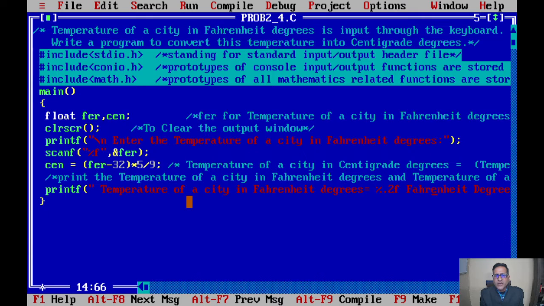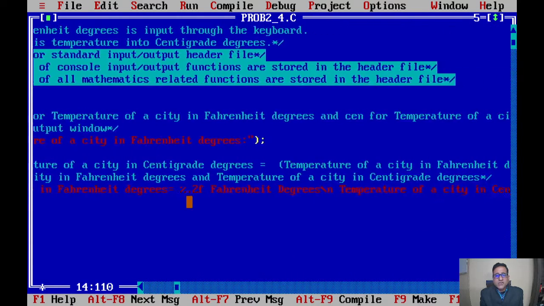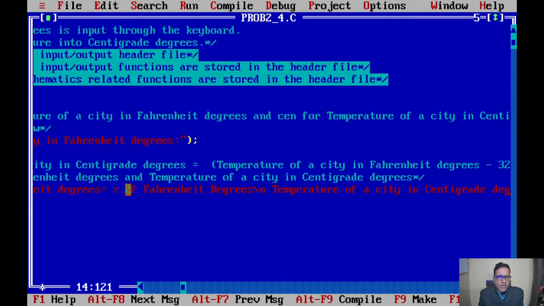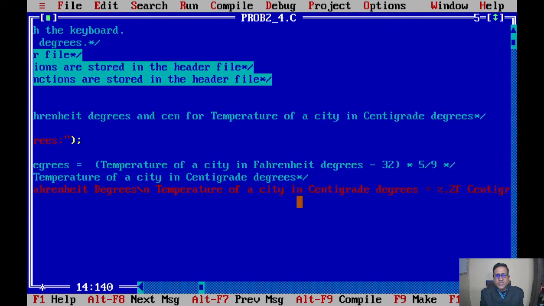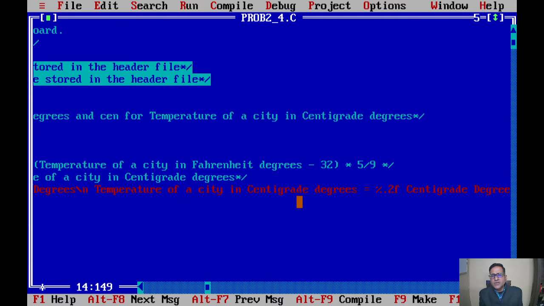Here I also again use the 0.2f for the 2 decimal places, %f, and we have to write in between 0.2 and f. Fahrenheit degree Celsius, and this is the unit I used after this f, Fahrenheit degrees, and next \n to take the cursor at the next line, and temperature of a city in the centigrade degrees.